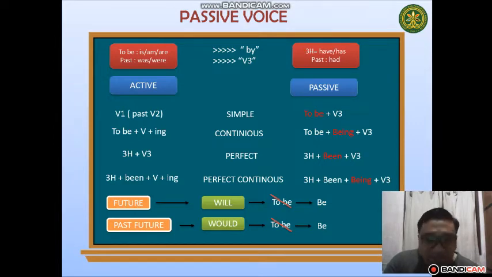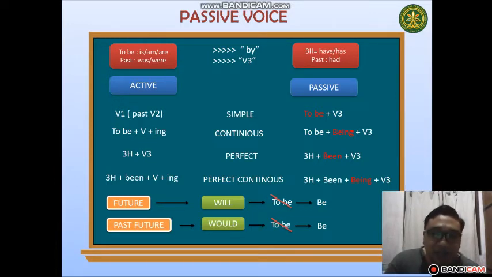In the continuous, it is to be plus verb ing. If you want to make it passive, it is to be plus being and verb 3. For the perfect one, it is have/has plus verb 3.